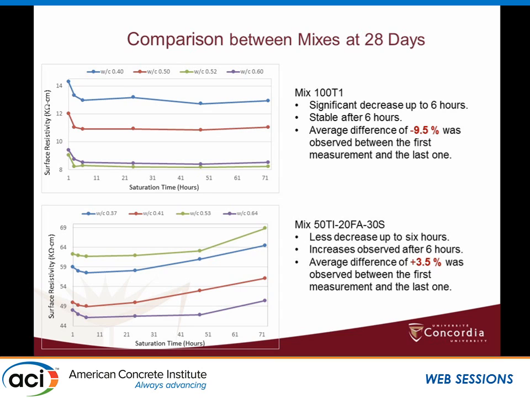With the other sample, with this mix that is 50% Portland cement, 20% fly ash, and 30% slag, you have a different kind of behavior, but the difference here between the first one that was only 1 hour and 72 hours is just 3.5%.